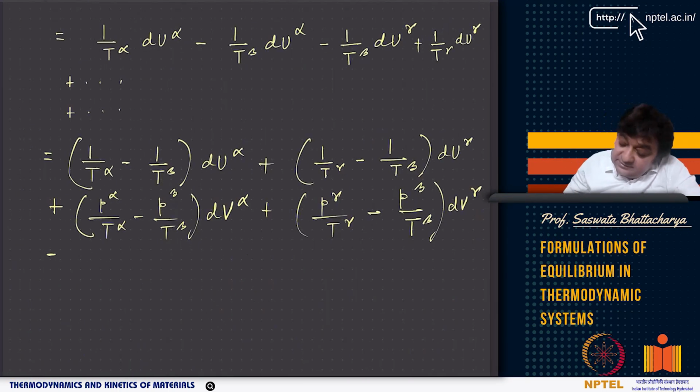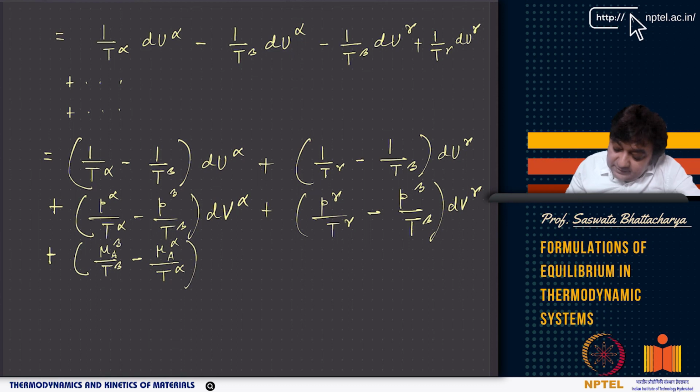So now this is minus of, or plus of, mu A beta by T beta minus mu A alpha by T alpha, and this will be dNA alpha, right?